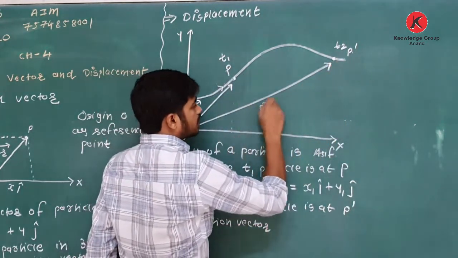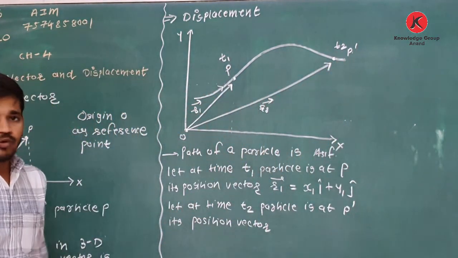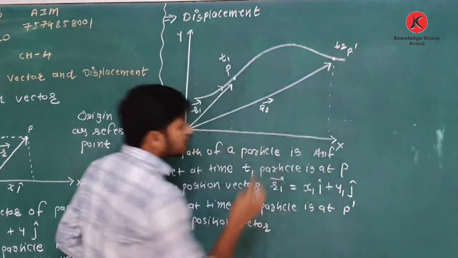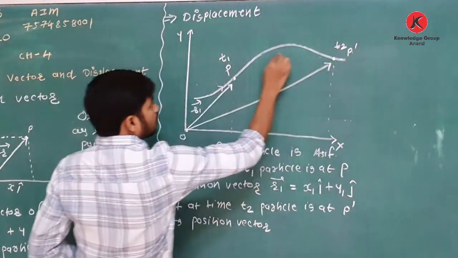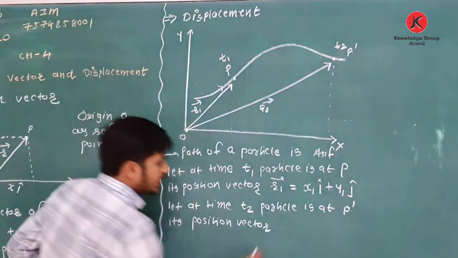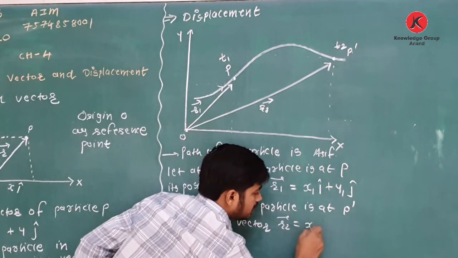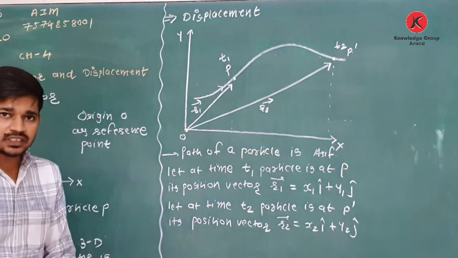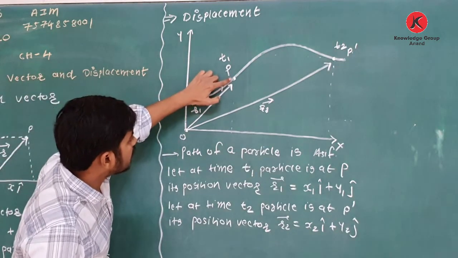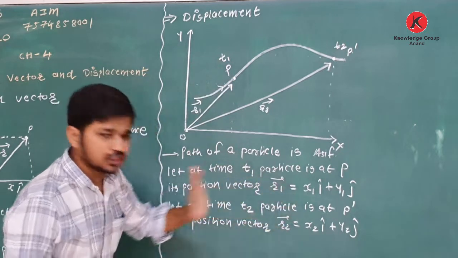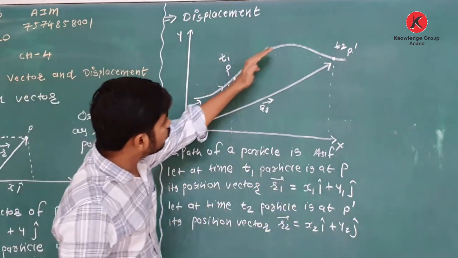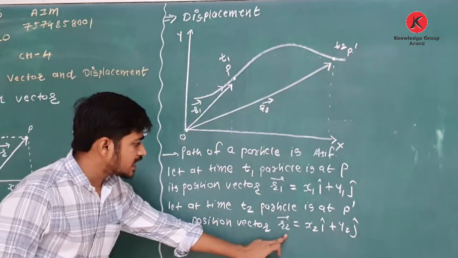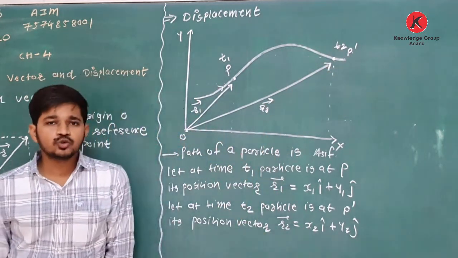It is vector R2. Now how to take its components? From this point draw a perpendicular on the x-axis, and from this point draw a perpendicular on the y-axis. Then R2 is equal to x2 i caret plus y2 j caret. Clear about this? Initially the particle is at point P at time t1, with position vector R1. It moves, and at time t2 it is at point P dash, and its position vector R2 is equal to x2i plus y2j.